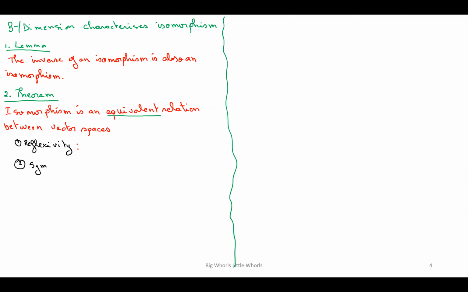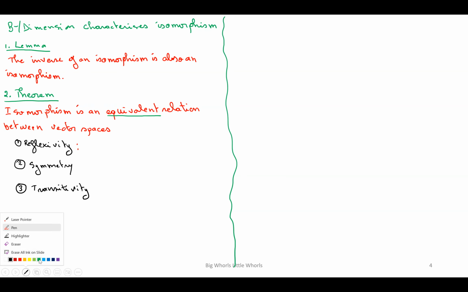If we pick two vector spaces V and W, if V is related to W, that means W is also related to V. That's symmetric relationship. And number three, we have transitivity. So basically it means that if V is related to W, and W is related to another space U, then V is related to U. Is that okay?